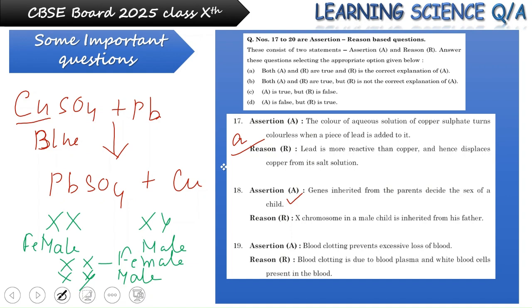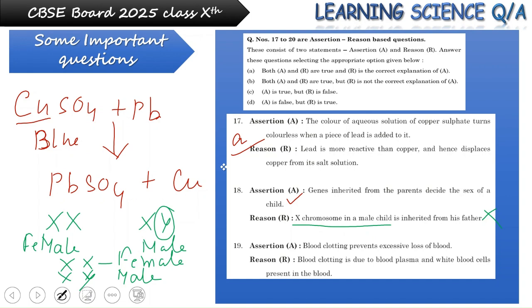Now, the reason here is X chromosome in male child is inherited from his father. This is a wrong statement because in a male child, the X chromosome comes from the mother, because mother doesn't carry any Y chromosome.